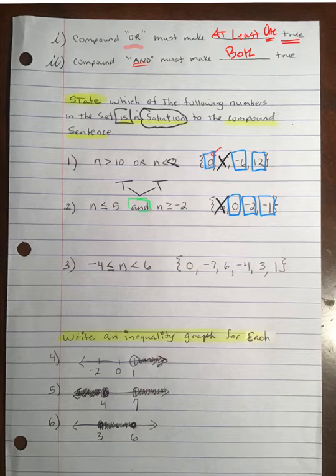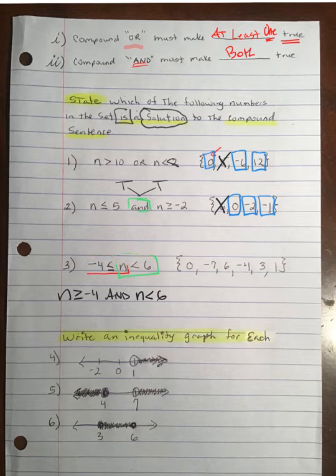In example 3, we have what's called a between statement. Remember, if you read it Hebrew style, if we rewrite that, it means n is greater than or equal to -4 and n is less than 6. That's just a way to write it.